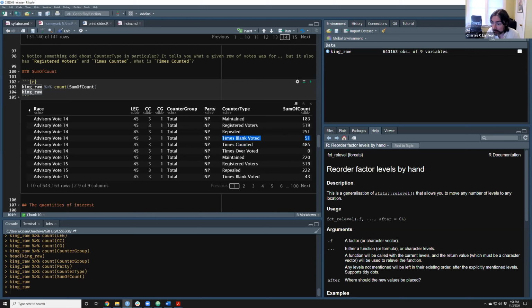What do you think that is? The number of times people didn't select an option. Yeah, so logically, mathematically, you would expect the number maintained plus the number repealed plus the number blank voted to equal the total number of ballots cast, 485 times counted. Does that make sense?